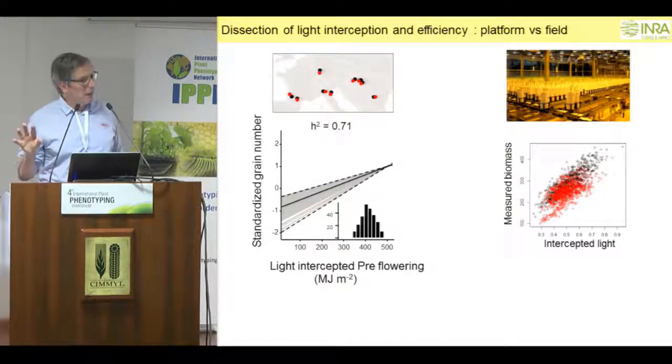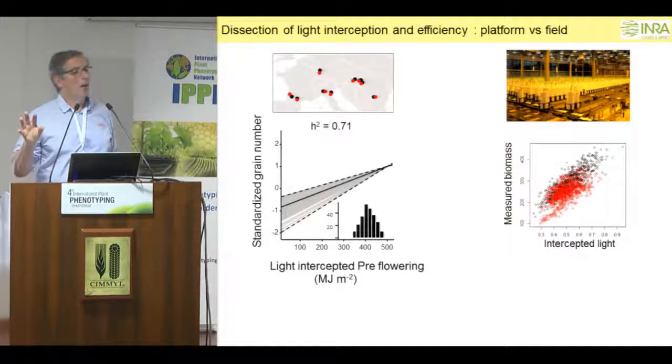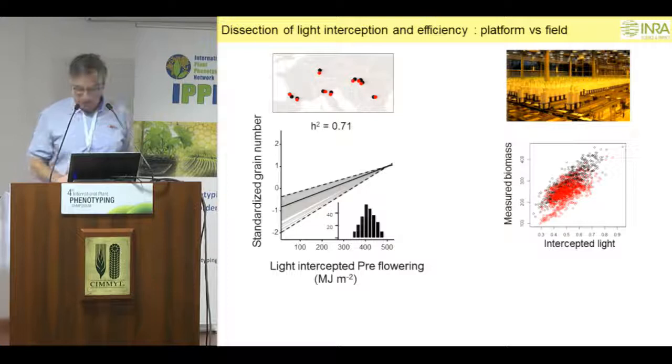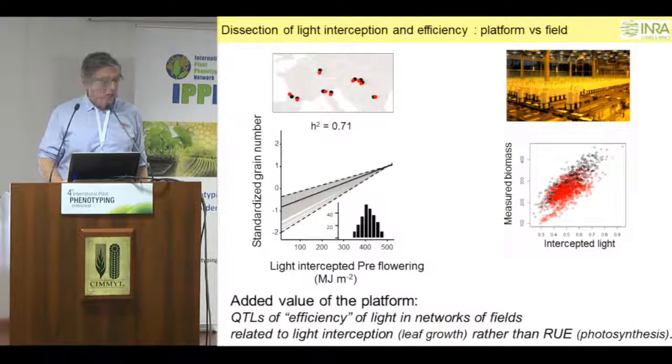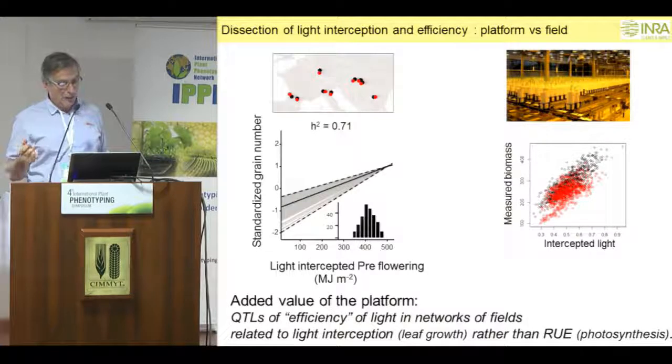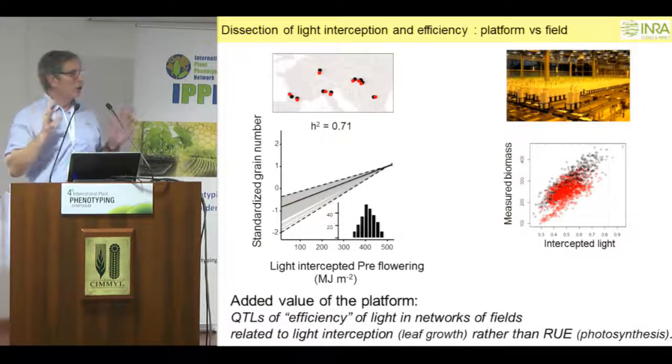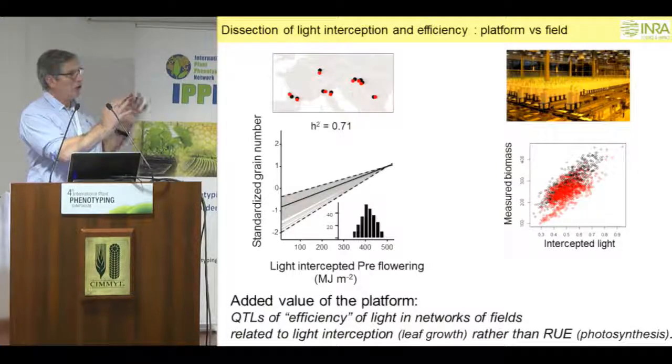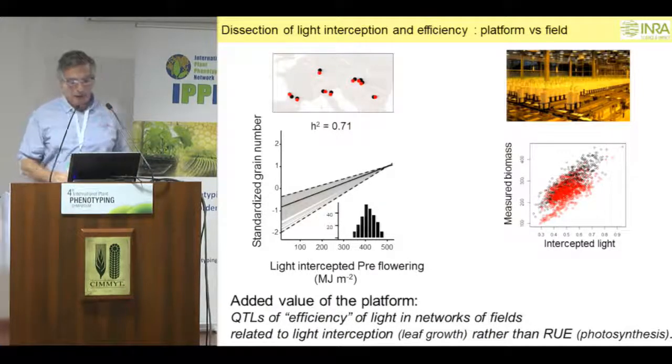Again, in a different panel, it might be different, because this is the genetic variability we have in this panel, although we have seen the same in other panels. So the added value here is we have QTLs of efficiency of light in a network of fields, and we can say, in this case, going to the platform, that it is probably linked to leaf growth, interception, or a category of genes that is linked to growth rather than photosynthesis.